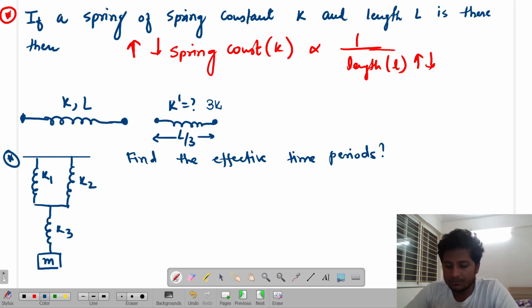K1 and K2 are parallel, of course. Try karo. Haan, in series, yes, right idea.